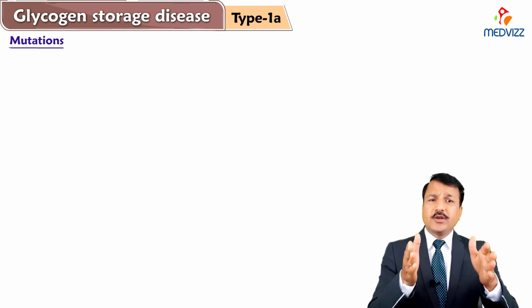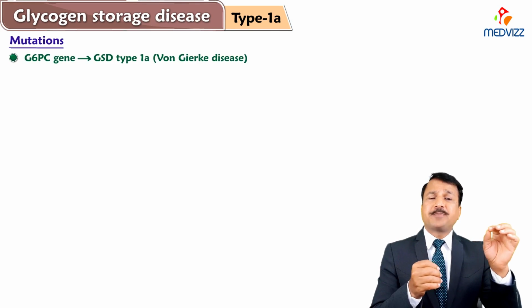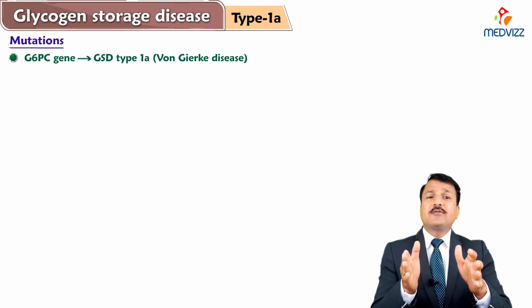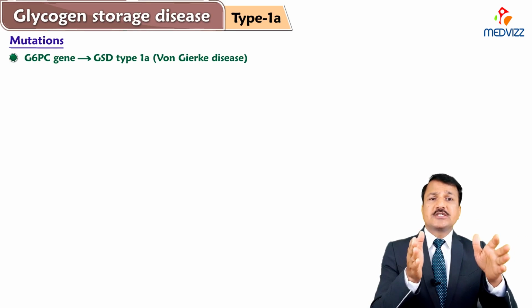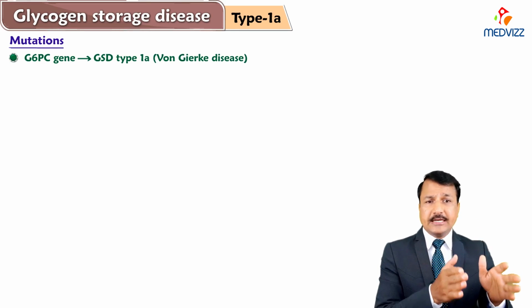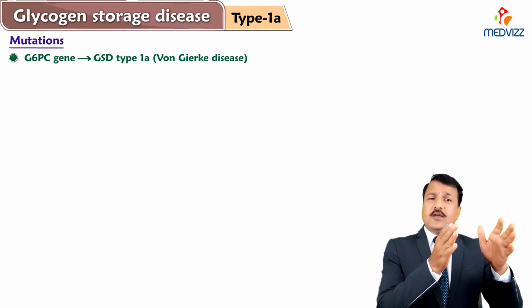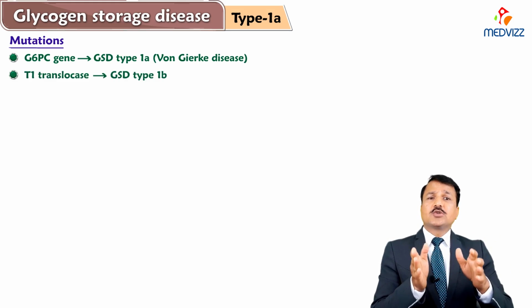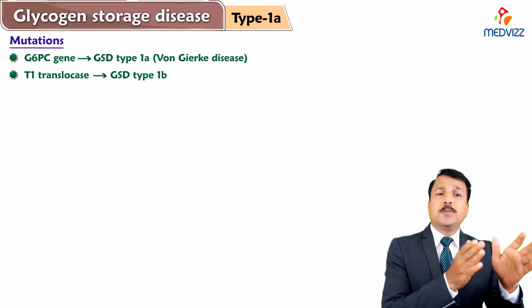If there is a mutation in the G6PC gene, which codes for the glucose 6-phosphatase enzyme, that gives rise to glycogen storage disease type 1A, called von Gierke disease. If there is a mutation in the gene coding for T1 translocase, that gives rise to glycogen storage disease type 1B.